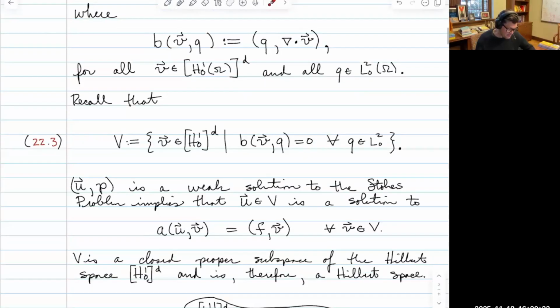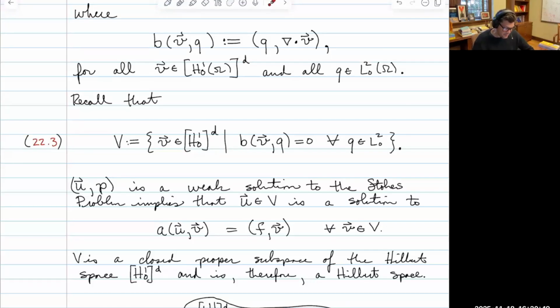All right, so now we want to move on to this definition, this space V. V is a subspace of H01D such that, so it doesn't hold for all, this is a characterization of a special set.